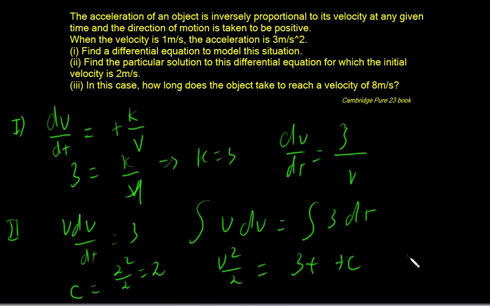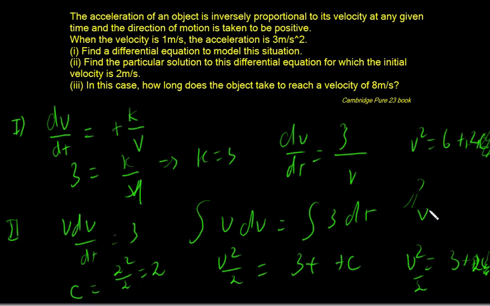So v squared over 2 is equal to 3t plus 2, and then here we have v squared is equal to 6t plus 4.